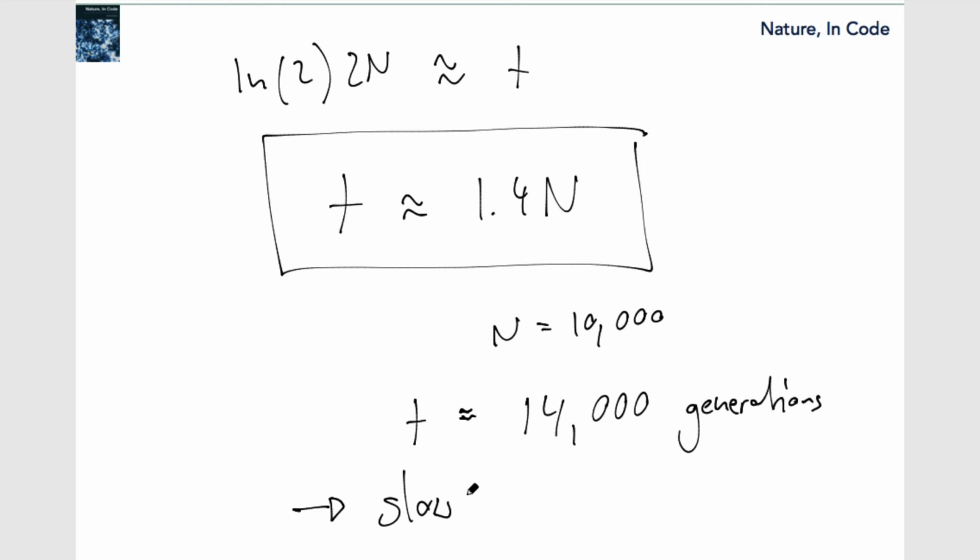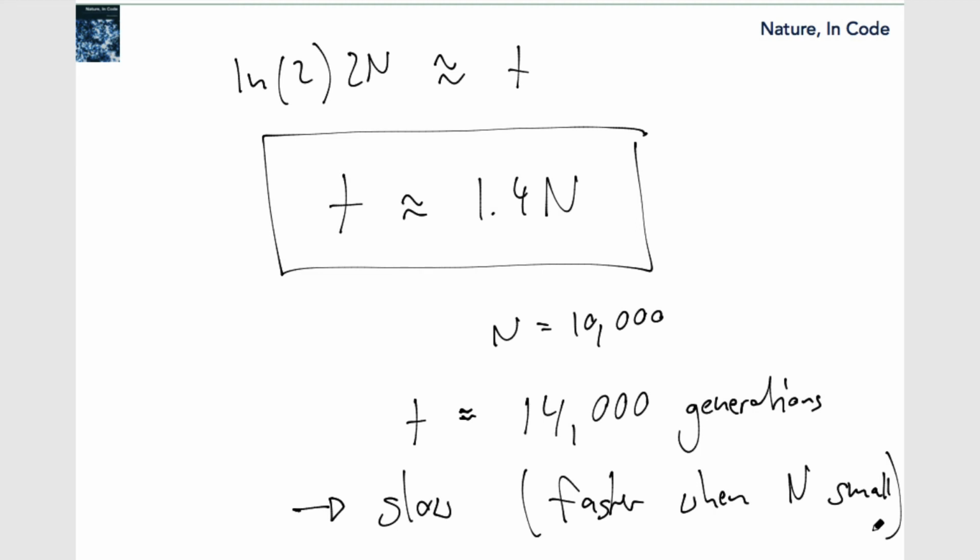But again, you can see here that it is faster when n is small. But even then, keep in mind, back in the earlier videos, for example when we talked about Hardy-Weinberg, how quickly things happened. Within one generation, the population was in a Hardy-Weinberg equilibrium.